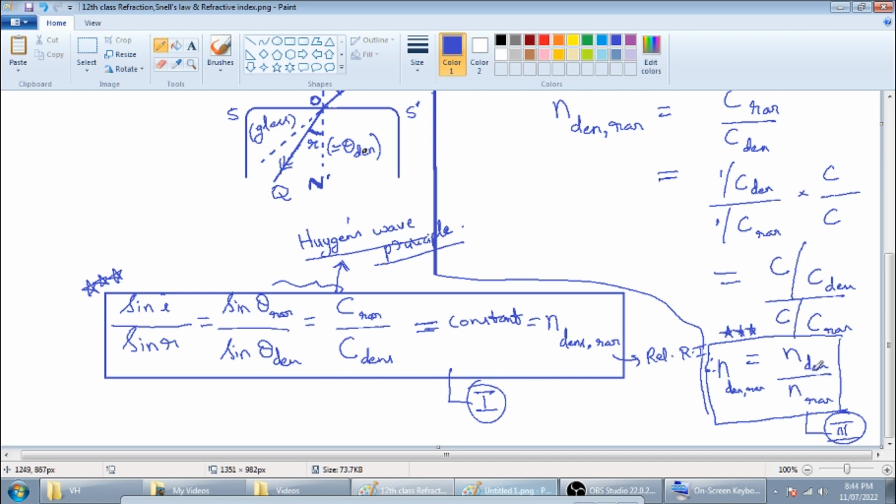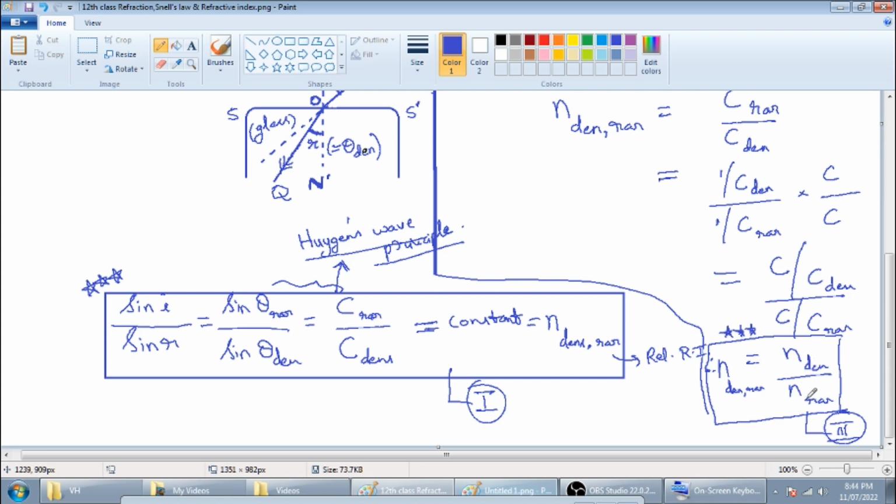Now what is the use of this equation can be easily seen from a simple example. This is the absolute refractive index of the denser medium. For example, we are taking the denser medium as glass. We know the refractive index of glass with respect to air or vacuum is 1.5. The same way, supposing we take the rarer medium as water, the refractive index of water is found to be 1.33. It's slightly lesser compared to glass.